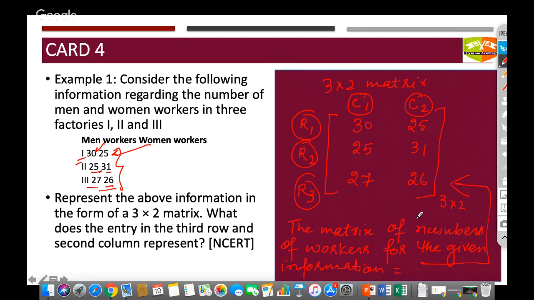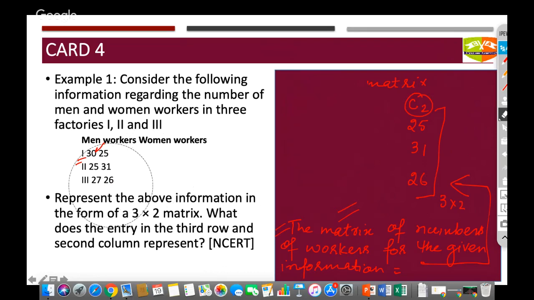If you draw this matrix and give this information, you will have a clear-cut understanding of what you have represented here, and you can get full marks for this.